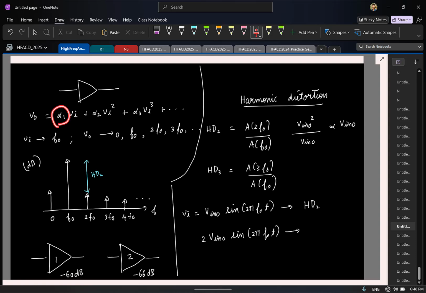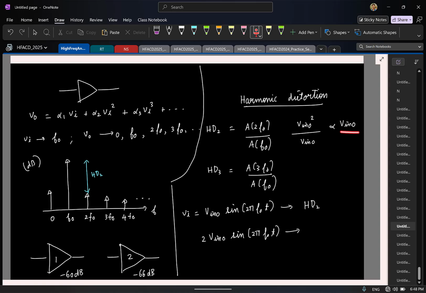So the linear gain, you want it to be small or large? If you compute the exact strength, it is going to be dependent on alpha 3 also, because sine cube x is sine 3x plus 3 sine x by 4. So you also have a sine x component, but that's small, so we neglect.